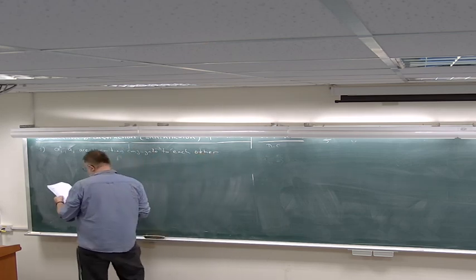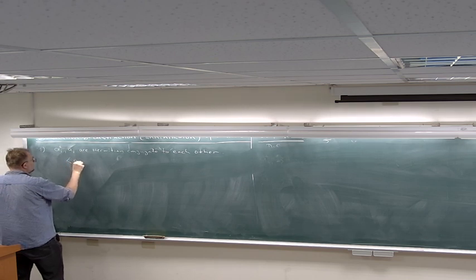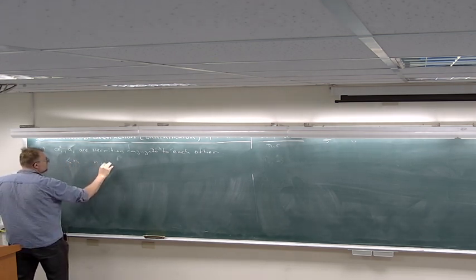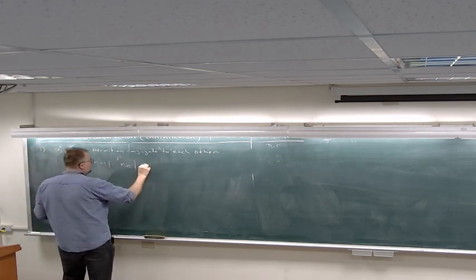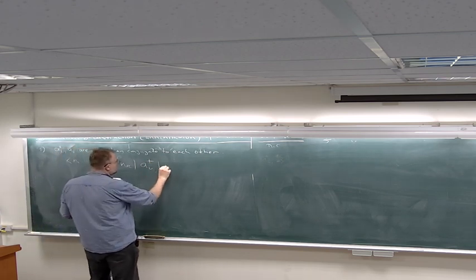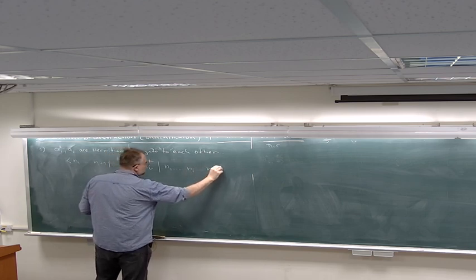Okay, and it's very easy to see. So let's say you take the scalar product of the state n1, ne plus 1, and omega, with the state n1, ne, and omega.